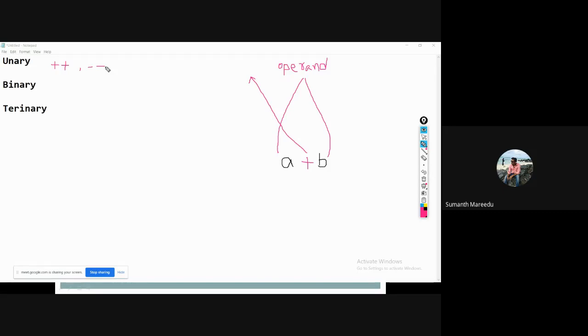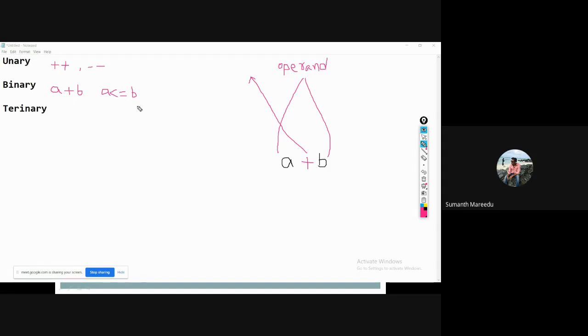Any examples for binary operator? A plus B, A less than B. All your arithmetic operators, relational operators, and logical AND and logical OR.